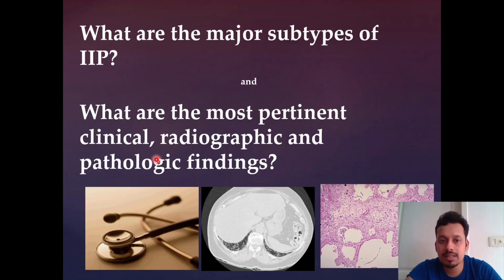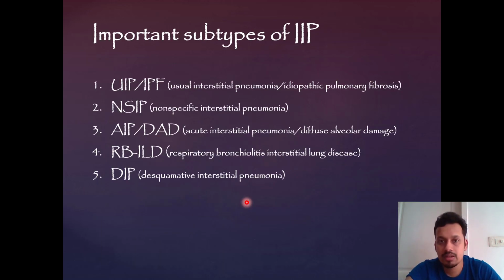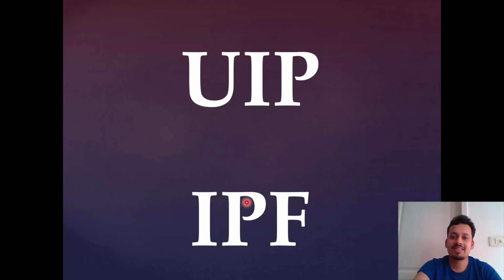So we already learned that it is a clinico-radiological and pathologic diagnosis. We also learned about subtypes of IIP. So first we'll come to the first diagnosis, idiopathic pulmonary fibrosis, which is called by the pathologist usual interstitial pneumonia.